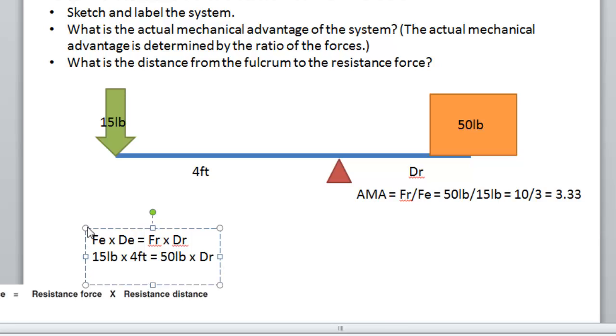So when I rearrange that to get dr by itself, I need to divide both sides by 50. So I'm going to have 15 pounds times 4 feet, then divided by 50 pounds, and that's going to be equal to dr.